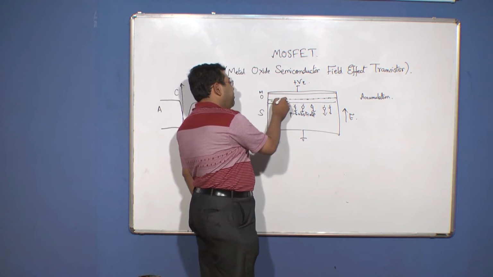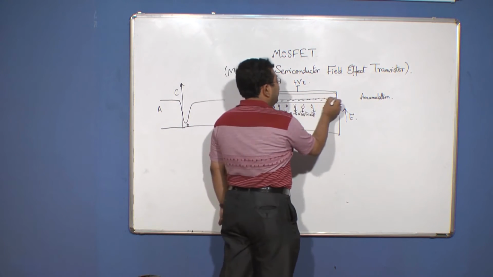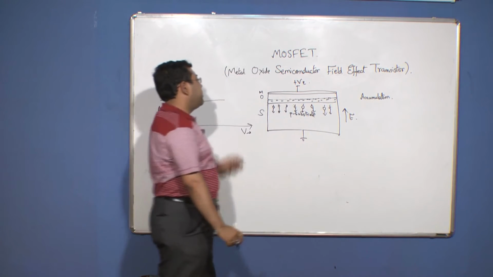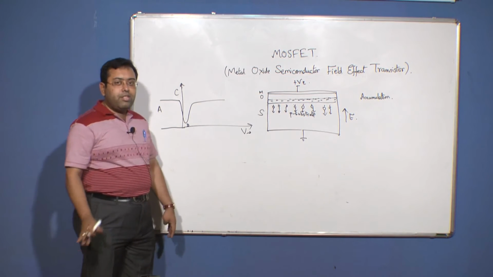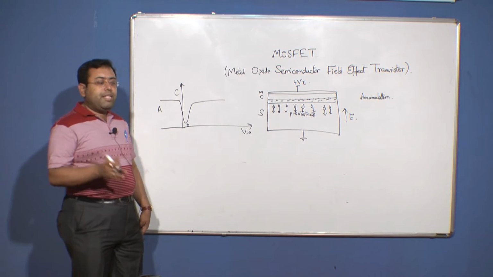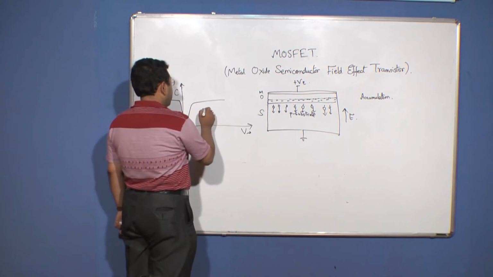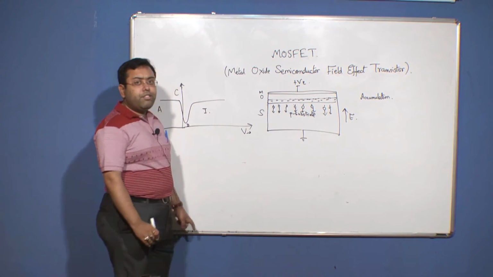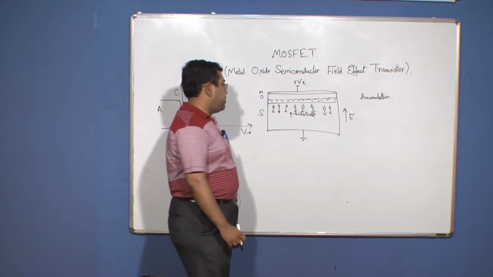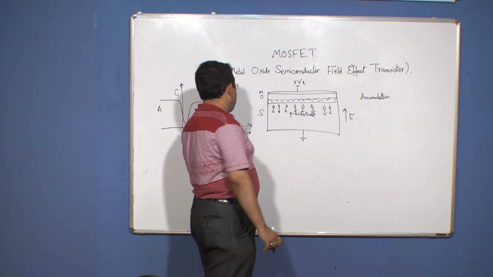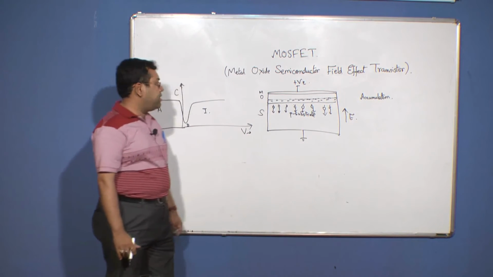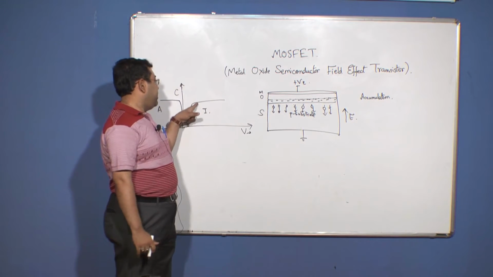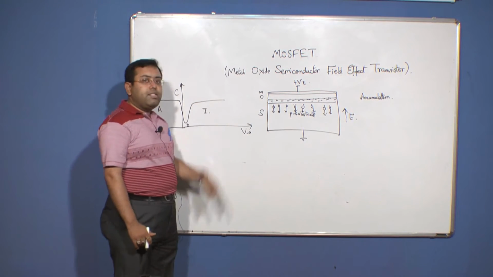Then suddenly you find a sheet of negative charge being formed, and the surface of separation between the oxide and the substrate changes from p type to n type. That is called inversion. This inversion is known as a strong inversion. So, again now the distance between the plates of the capacitor decreases. So, now you are basically having again an increase in the capacitance.